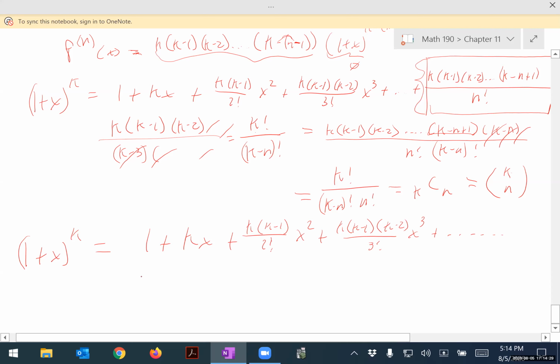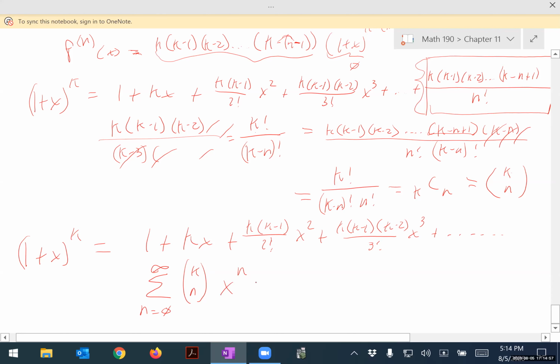But what are these in terms of this formula? Well, we could rewrite this as the summation as n equals 0 to infinity of k choose n, out of k items choose n of them, times x to the nth power.